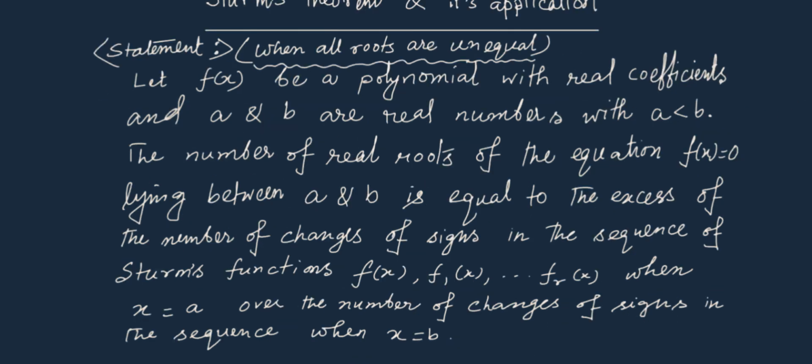So let's begin. The statement of Sturm's theorem is: when the roots are unequal and f(x) is a polynomial with real coefficients, and we are going to calculate the roots between a and b, where a is less than b, the number of real roots of the equation f(x) lying between a and b is equal to the difference between the number of changes of signs in the sequence of Sturm's functions when x equals a over the number of changes of sign in the sequence when x equals b.